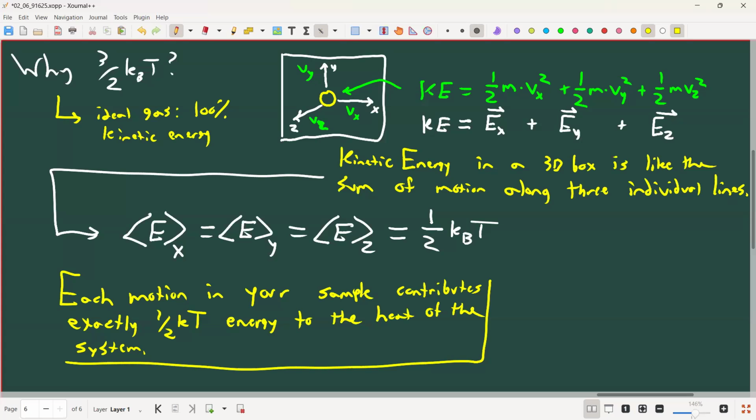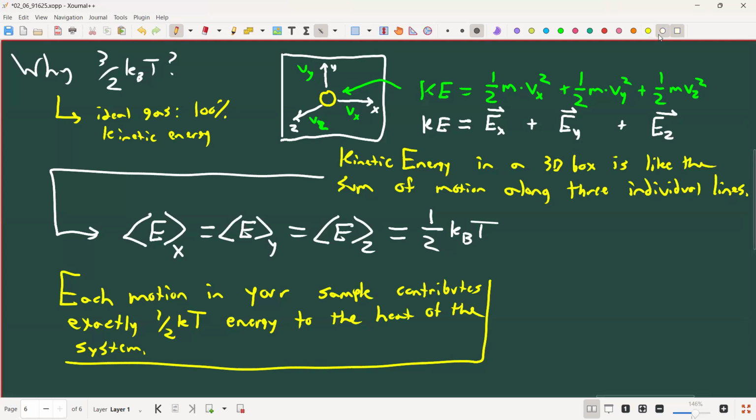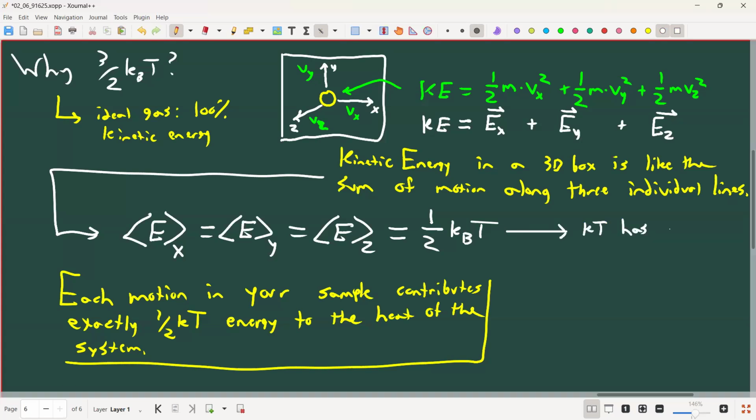Right. So this number right here is super important, this idea of kT. kT, which has units of energy, is what we call the average thermal energy of the system.